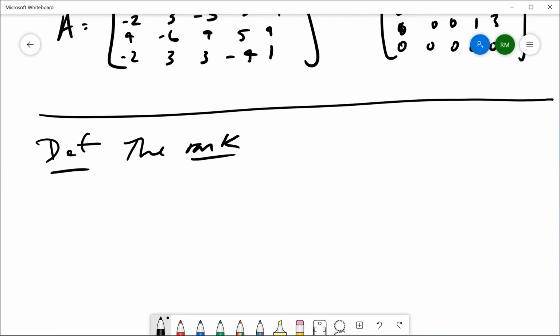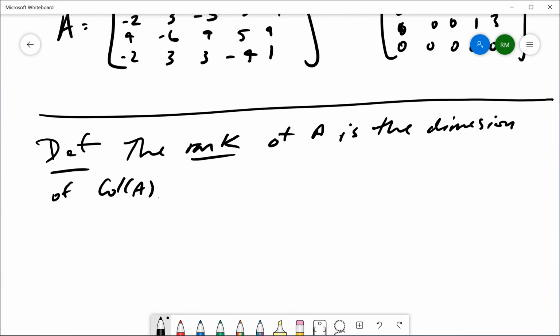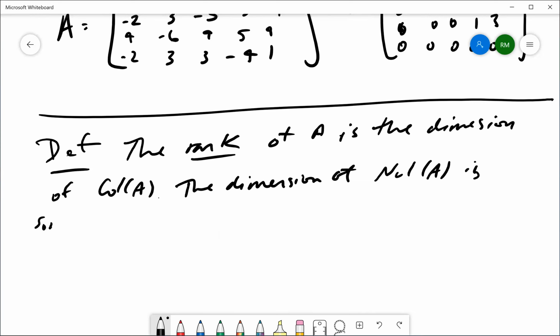The rank of A is the dimension of the column space of A, and the dimension of the null space of A is sometimes called the nullity of A.